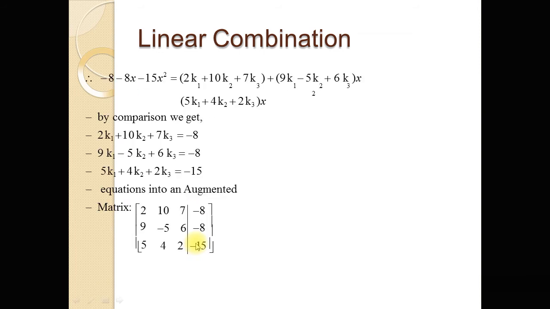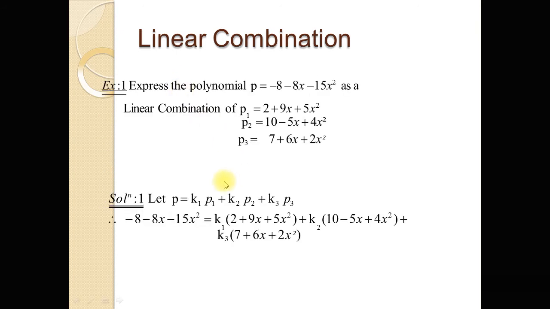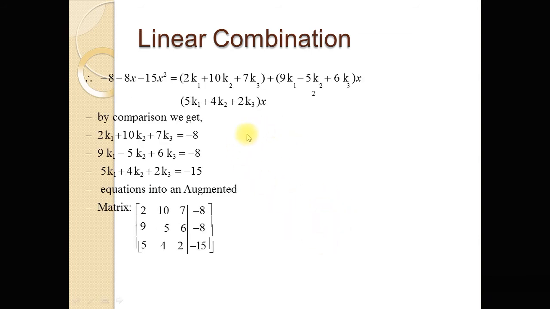So after multiplication, k1 is multiplied with p1, k2 with p2, and k3 with p3, and then we combine the coefficients of the constant, of x, and of x square.